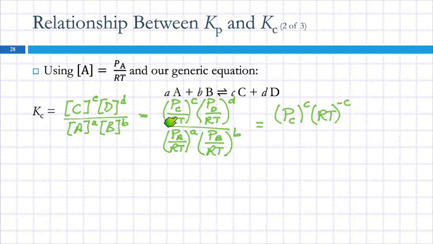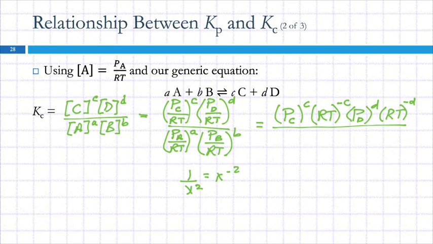Because this is in the denominator, instead of making more fractions, I'm just going to put a negative in front of the exponent, because 1 over x squared is equal to x to the minus 2, in case you don't remember. And then we have PD to the d, and we have RT to the negative d.